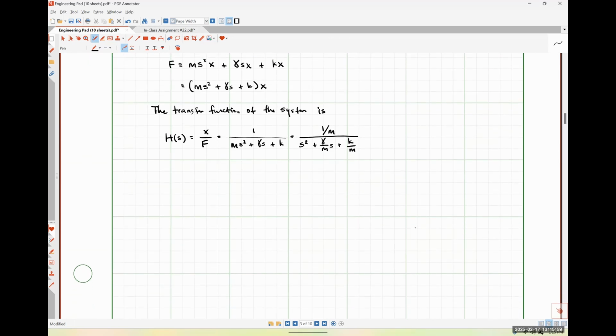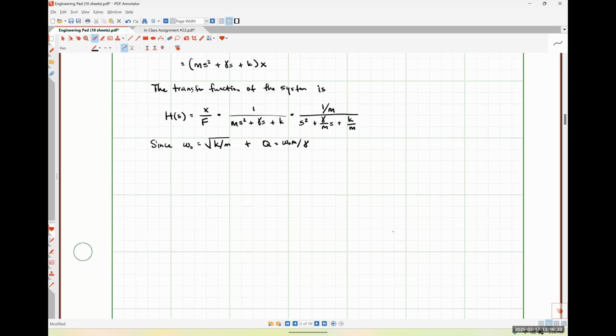When we were talking about accelerometers, we learned that our resonant frequency can be expressed in terms of our spring constant over mass. So essentially we have the relationship omega naught is the square root of k over m. And then when we were talking about mechanical damping, we learned that our quality factor was essentially omega naught m over gamma.